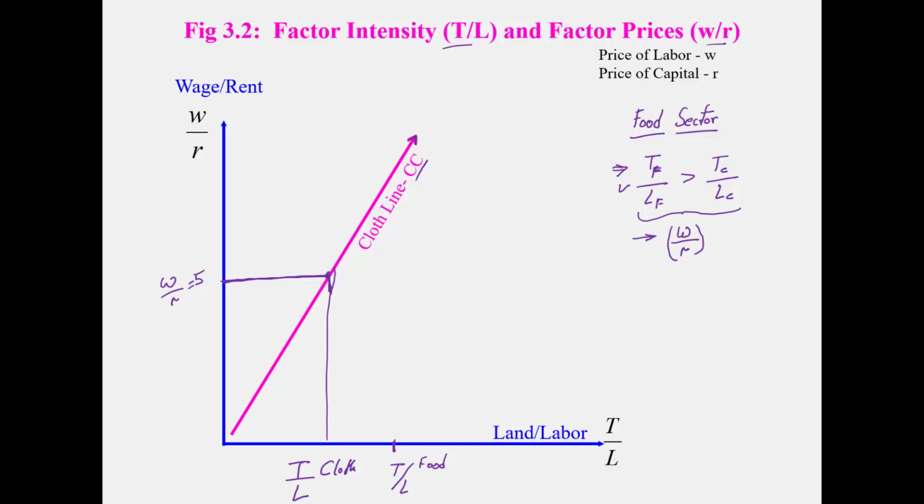So basically what we are saying is that the food line should lie on the right hand side of the cloth line. And if we did that, then for the same wage by rental ratio, food is more land intensive than cloth.